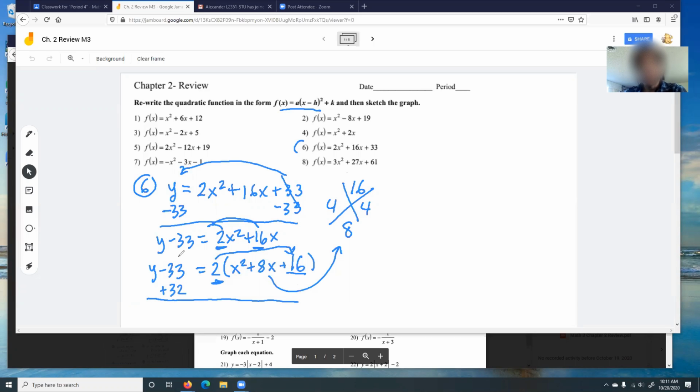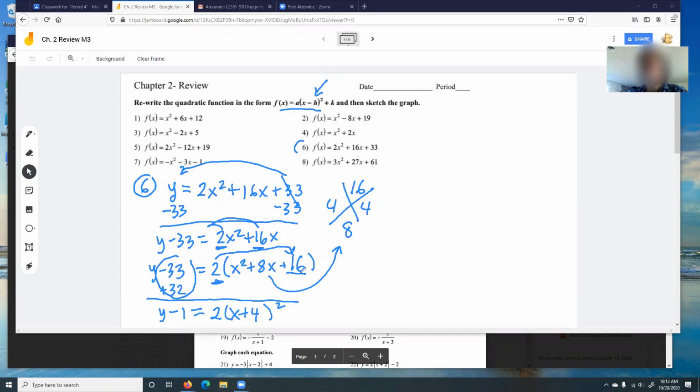Okay, so this negative 33 plus 32, that's negative 1. So y minus 1 equals 2 times. Now I can change this, x squared plus 8x plus 16, that's just x plus 4 squared, right? So now we're looking like our vertex form because we've got a perfect square in there. The standard form doesn't have a square.